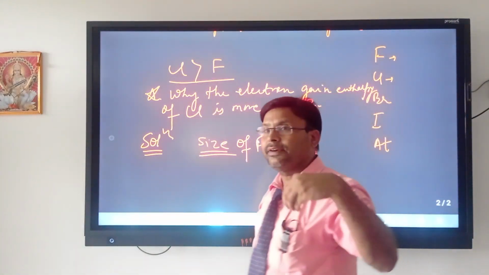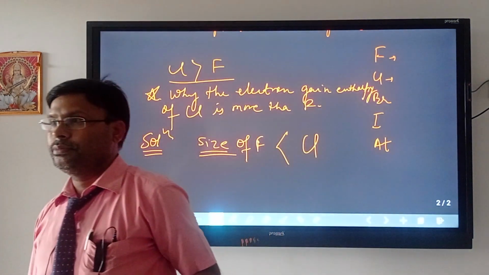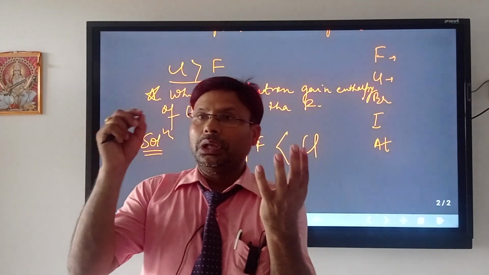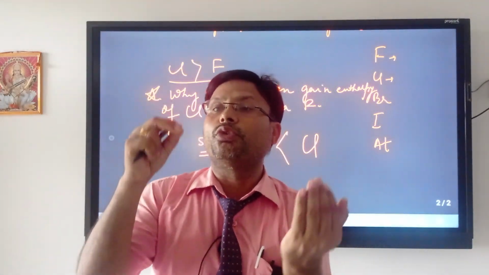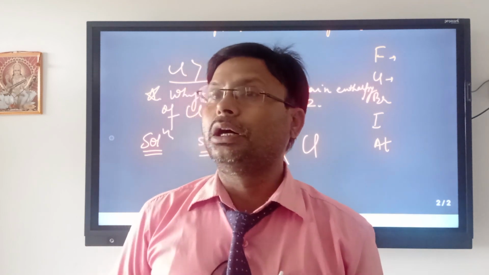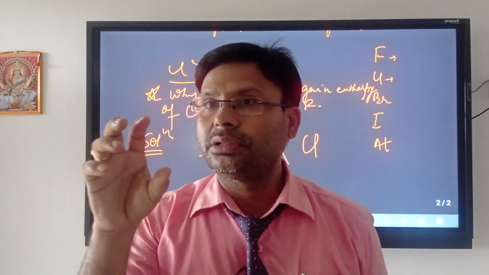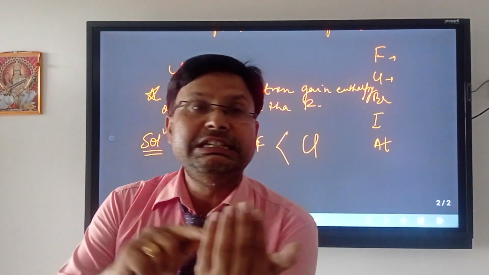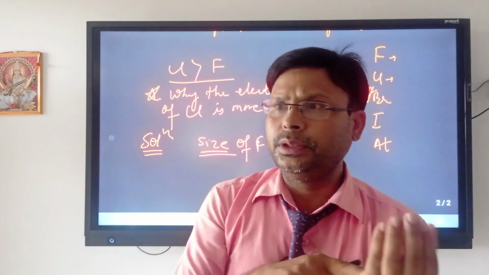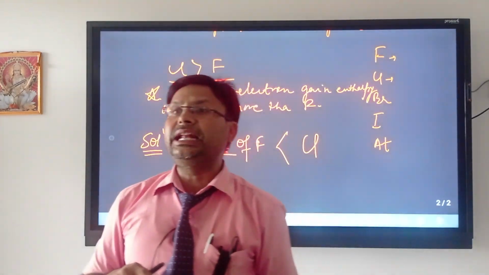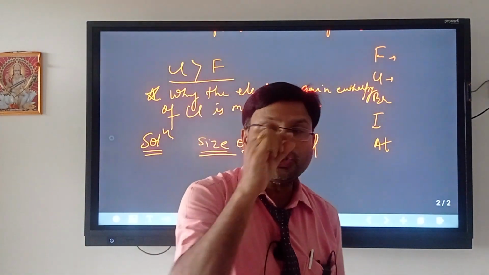Since the size of fluorine is less, if we want to add one extra electron, there is crowding of electrons in a small space in the case of fluorine. There is crowding because fluorine has 9 electrons and the space is very small.